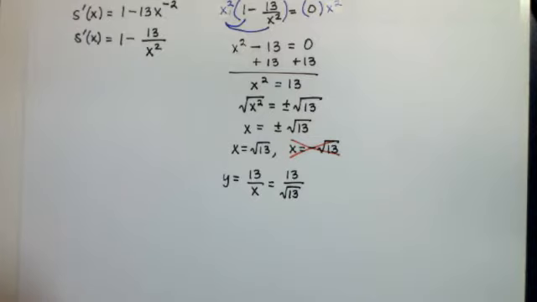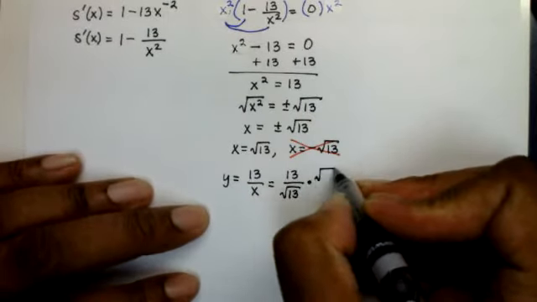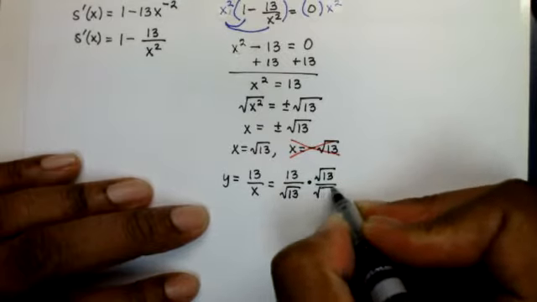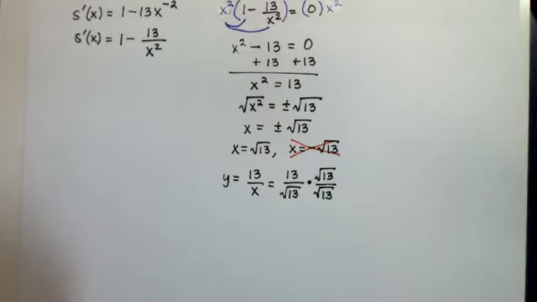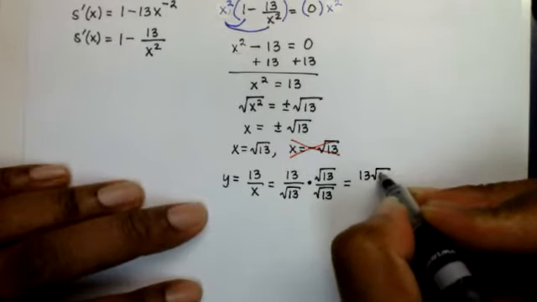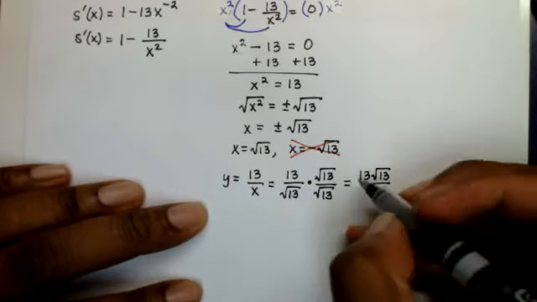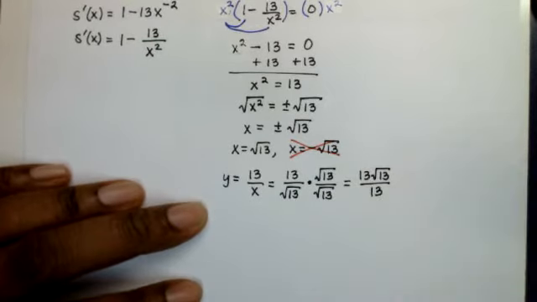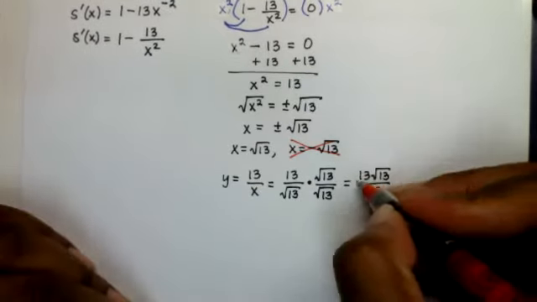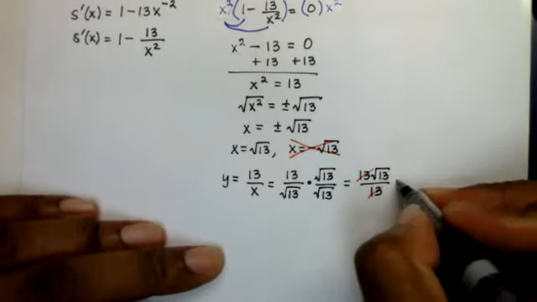I'm going to tell you that in the homework they want this answer to be in simplest form, meaning we need to rationalize the denominator by multiplying the numerator and the denominator by the square root of 13, because they want that radical out of the denominator. So the numerator will be 13 times the square root of 13, and the square root of 13 times itself gives us what's underneath that radical, which is 13. If I divide out the 13s, you'll be left with the square root of 13.